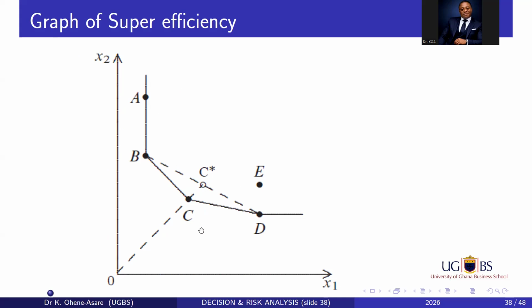C would have been super efficient, because even when you remove it, the frontier can still be formed.